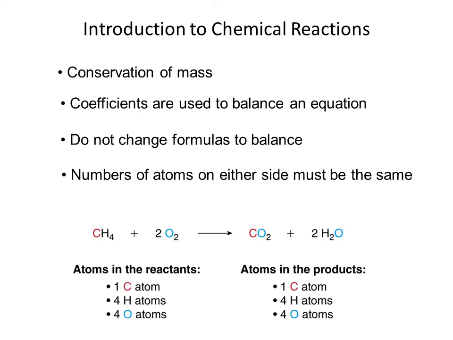And we put a 2 in front of the water so that we make sure we have 4 hydrogens on the product side to match the 4 hydrogens on the reactant side, and 4 oxygens on the product side to match the 4 oxygens on the reactant side.